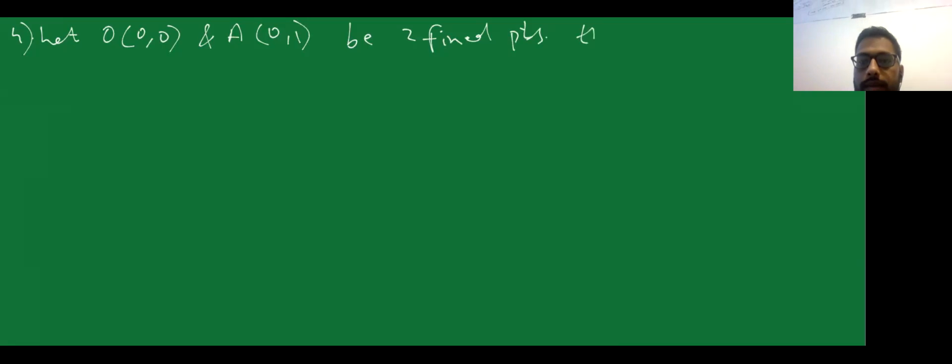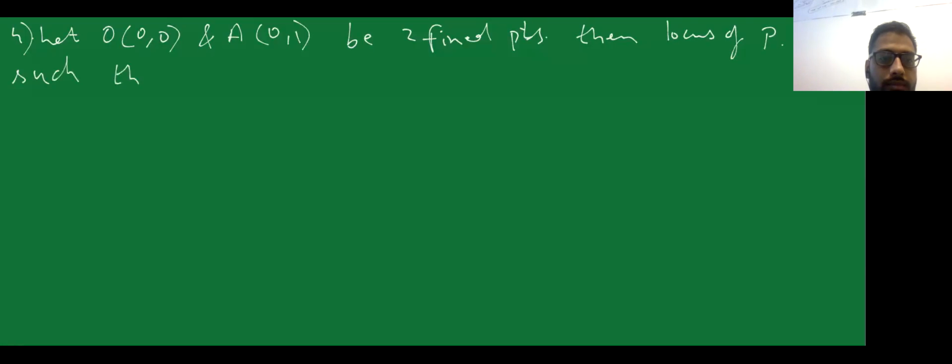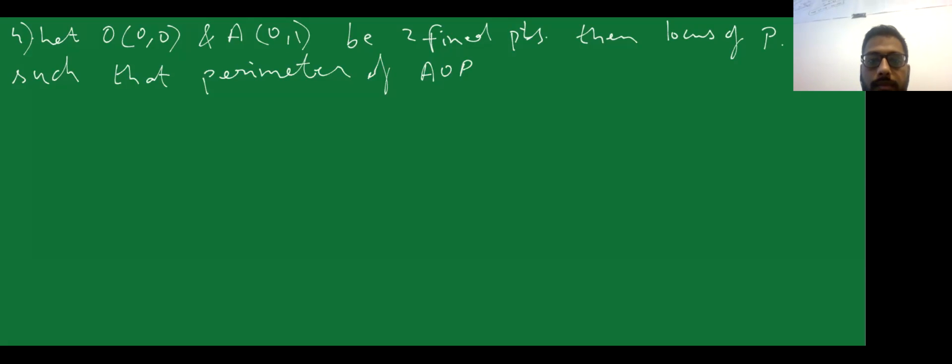Then the locus of P such that the perimeter of triangle AOP is equal to 4.